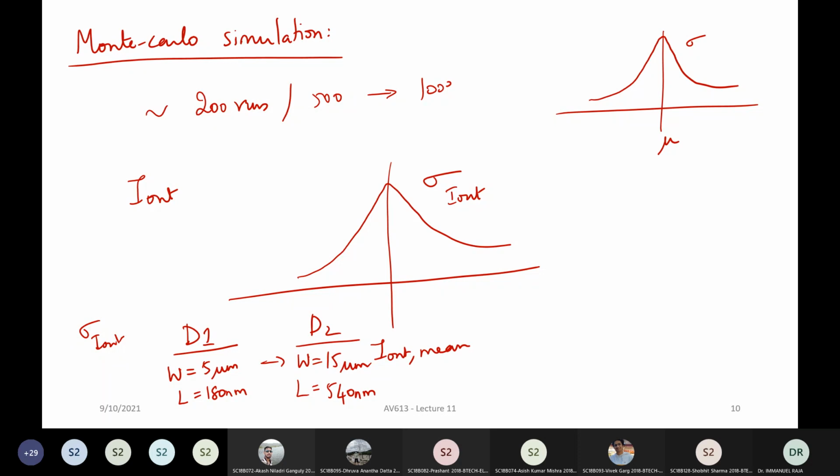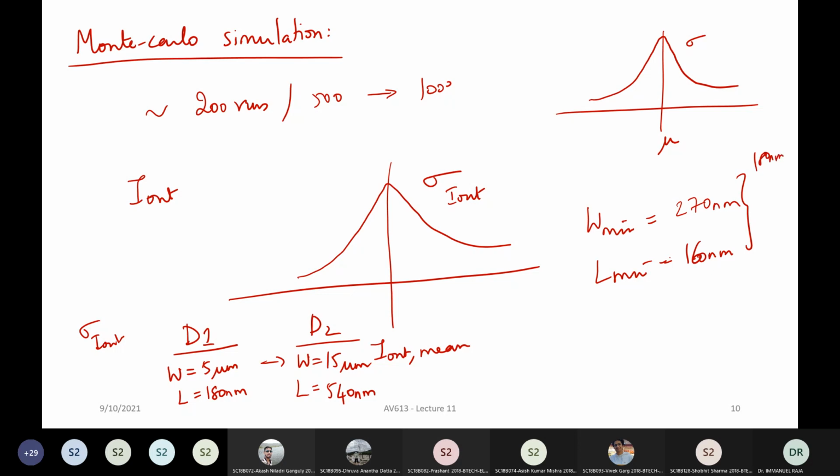The other day when I opened up the model file, I think W min was around 270 nanometer, I'm not very sure, and L min is some 160 nanometer for a 180 nanometer process.